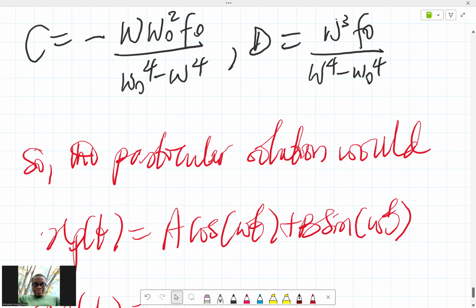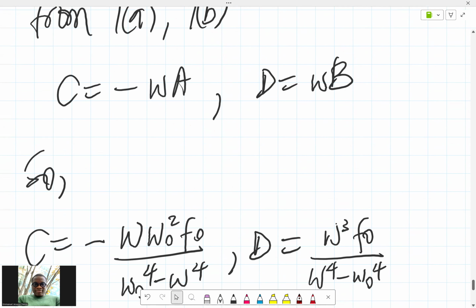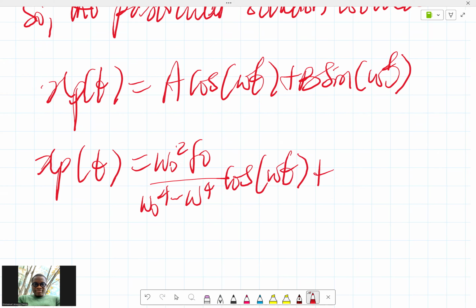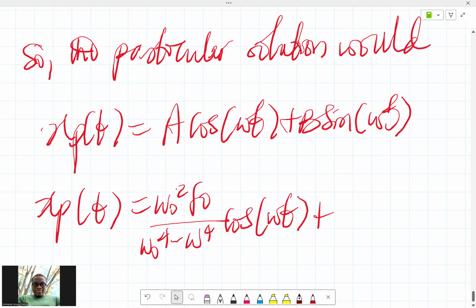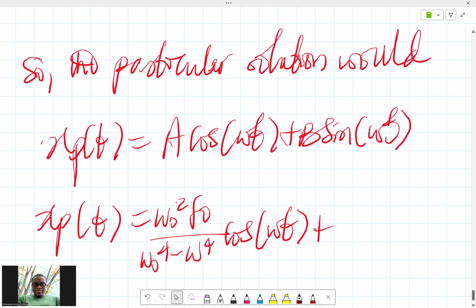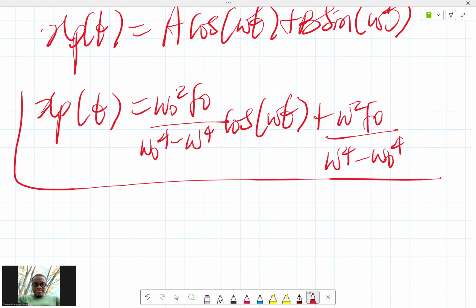Omega naught squared F naught all over omega naught 4 minus omega 4, cos omega T, plus B now. B is omega squared F naught over omega 4 minus omega naught 4, sine omega T. Okay, that's XP of T.